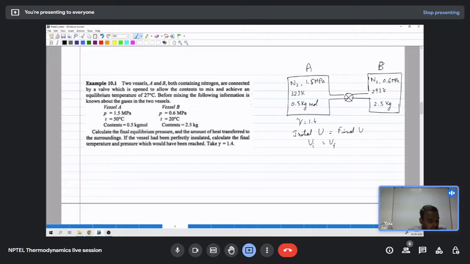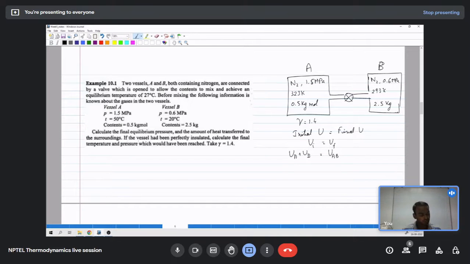This initial internal energy means the internal energy of the whole system. So this will have internal energy of A, UA plus UB, and if it is final, I can call it as AB, which is combined after the mixing is done. I can call it as UAB.